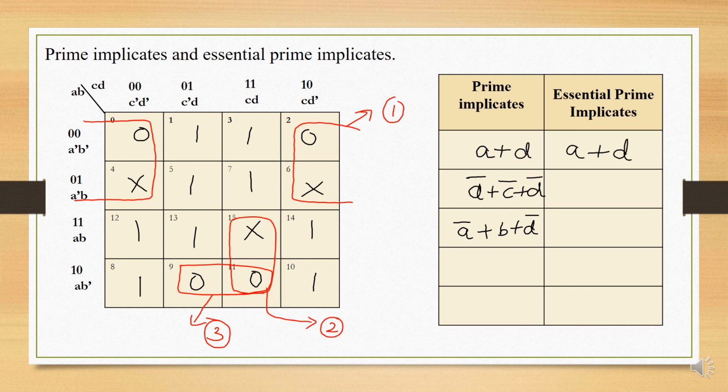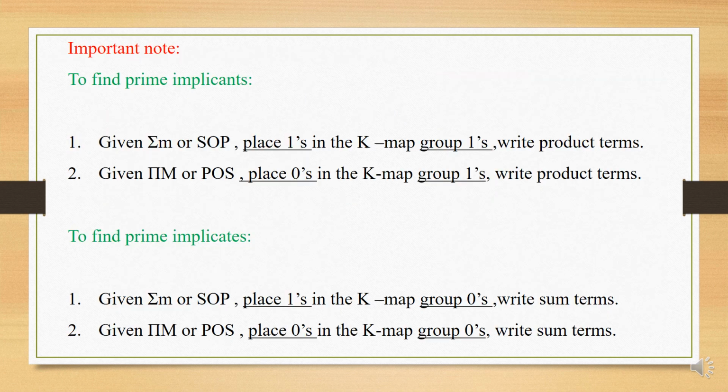And group number 2, that is A bar plus C bar plus D bar, is not an essential prime implicate. Next, the third grouping, A bar plus B plus D bar, is an essential prime implicate, as there is a logic 0 cell which is covered by only one group. So these are the prime implicates and essential prime implicates.